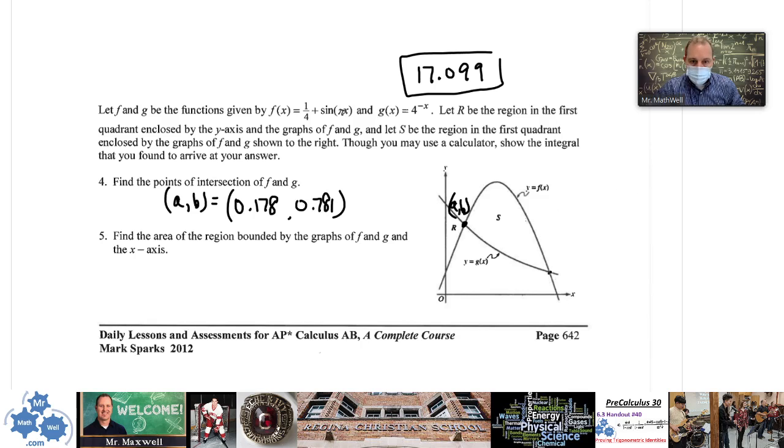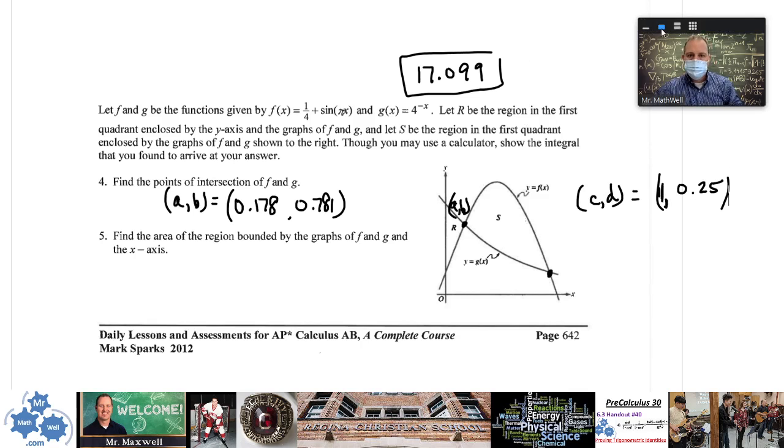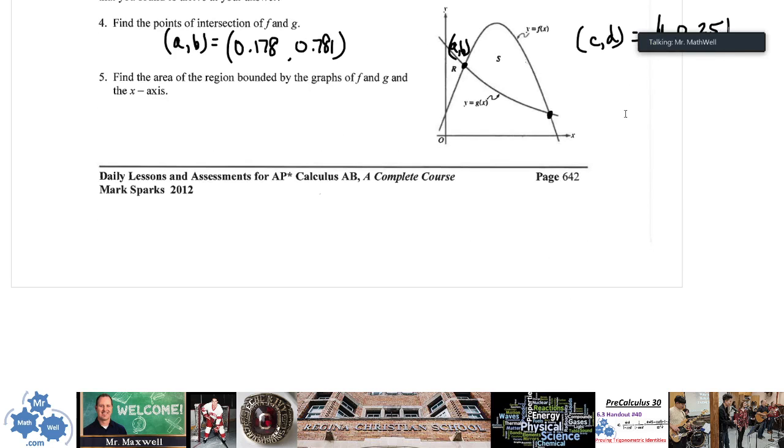And then this point over here, we'll call that CD, and that's going to be equal to 1, comma, 1.25. So that's 6 and 7, I guess.